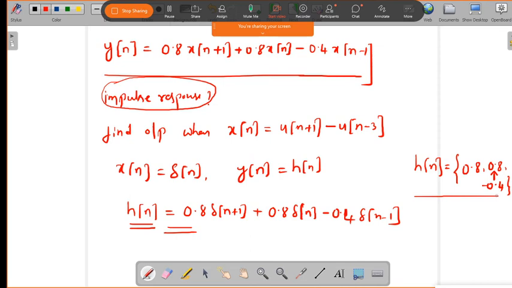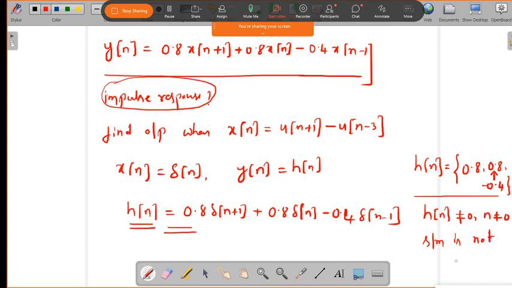Now you can find out whether the system is memoryless, causal and stable. Okay. So, is h of n not equal to 0 for n not equal to 0? Yes, because it has values at negative and positive values of n. So, h of n is not equal to 0 for n not equal to 0. So, the system is not memoryless.